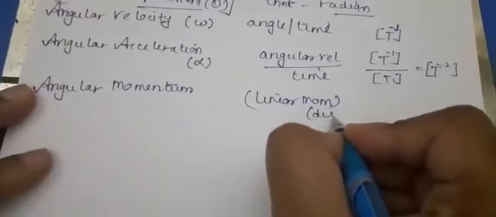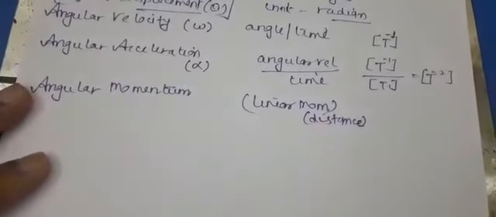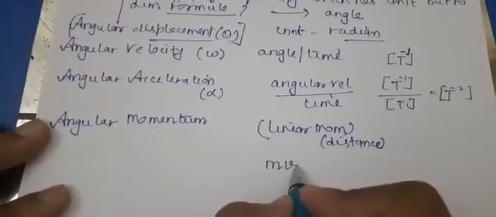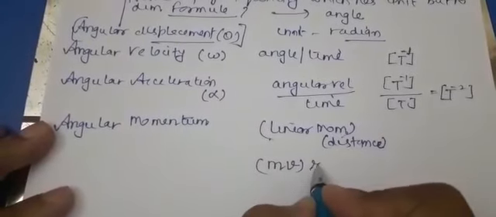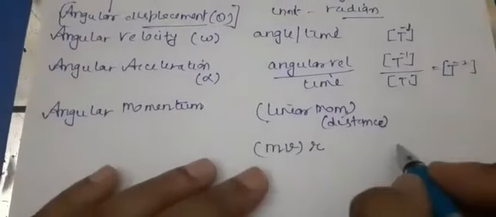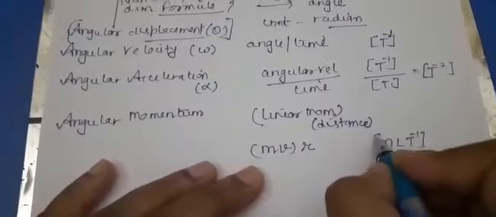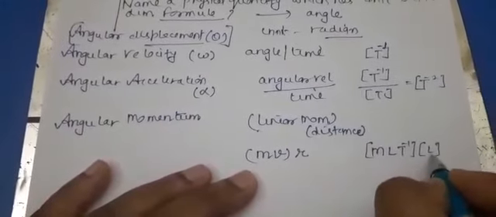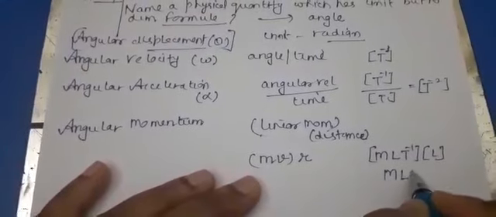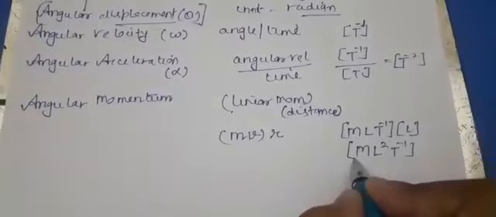Linear momentum multiplied by distance. Linear momentum is mass into velocity, into distance. You can take it by r, d, whatever you like. Now find its formula. M L T minus 1 into L. So M L 2 T minus 1.